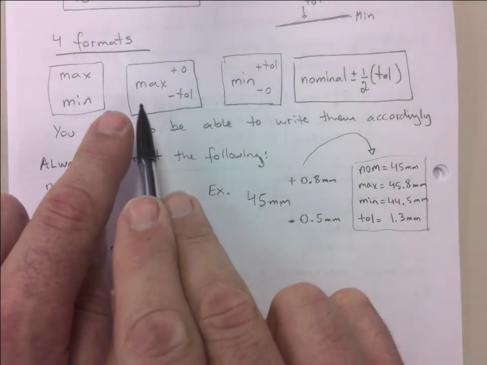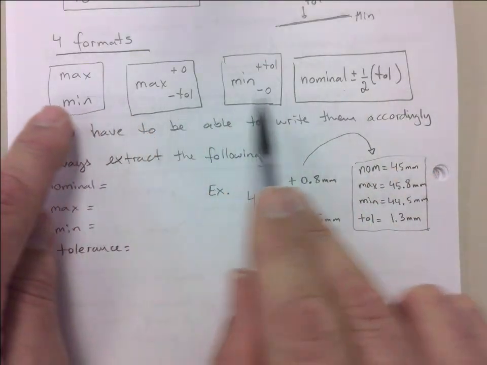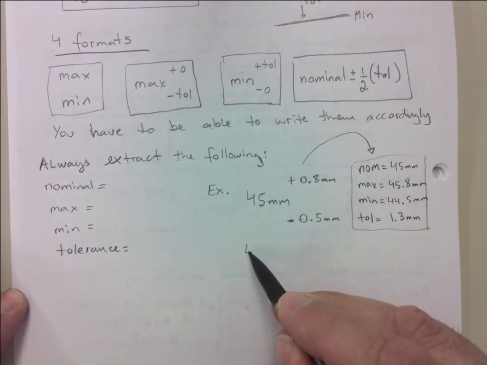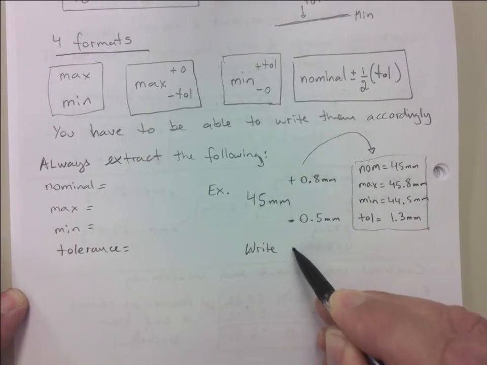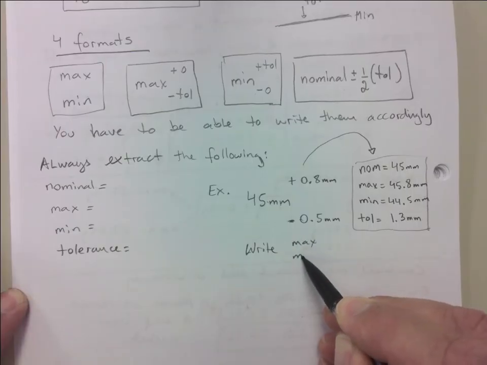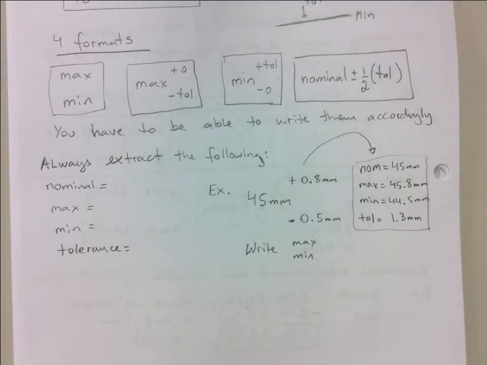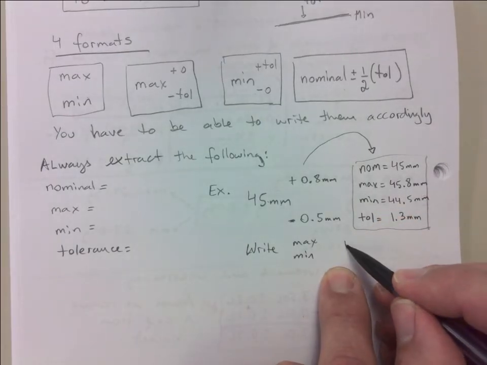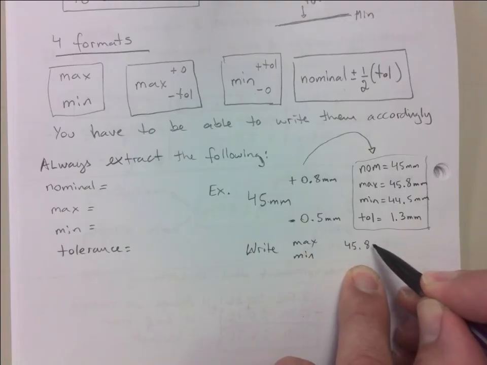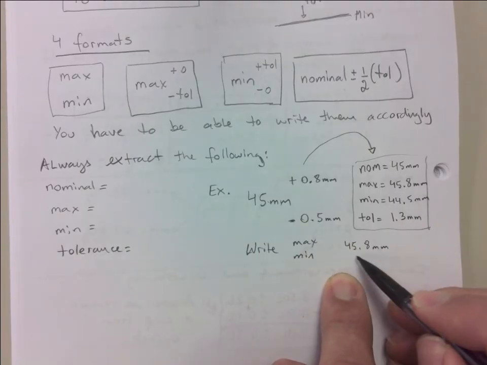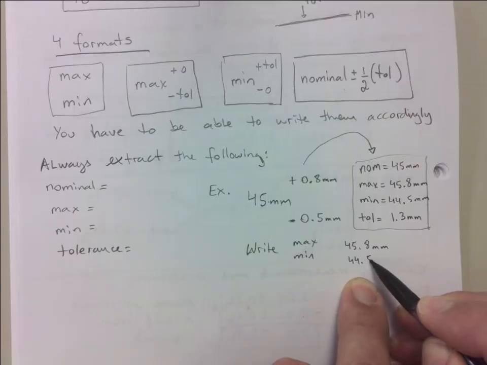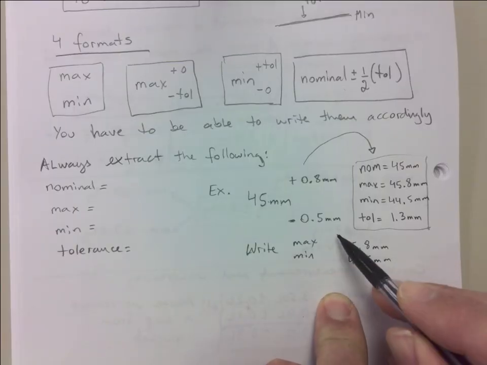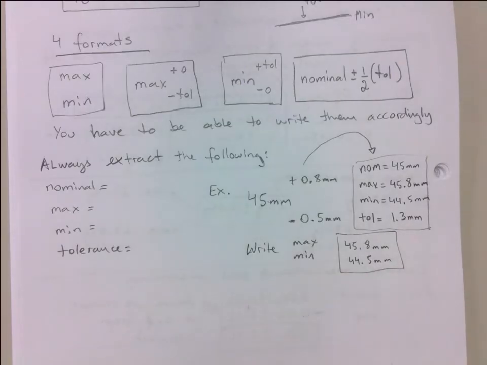Now I could ask you to write it in any of these formats, right? So write like this, max, min, like I will actually tell you, write it like that. You're like, okay, no problem, I have my max and my min, so we just do that. Done, right? This is all you had to do there.